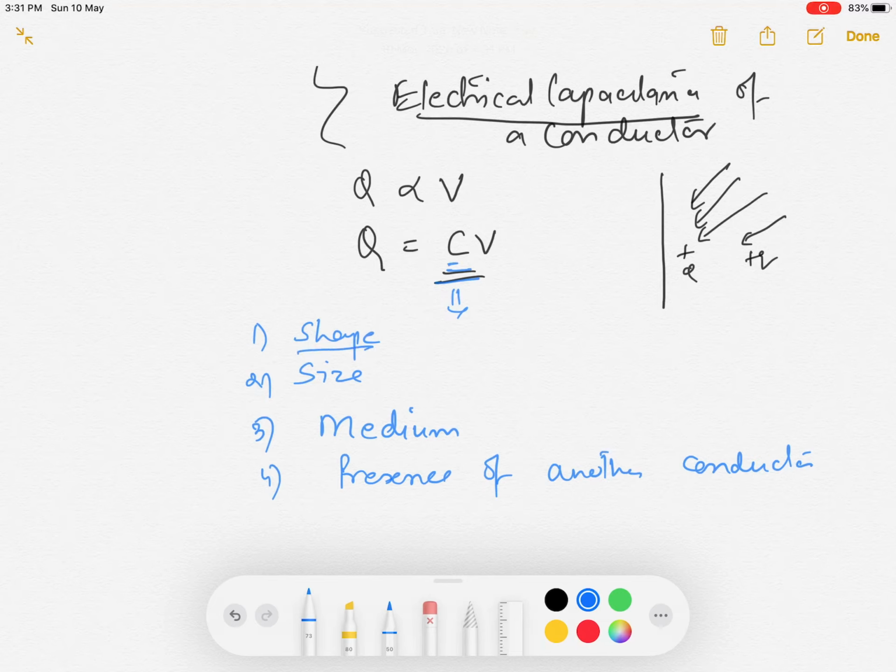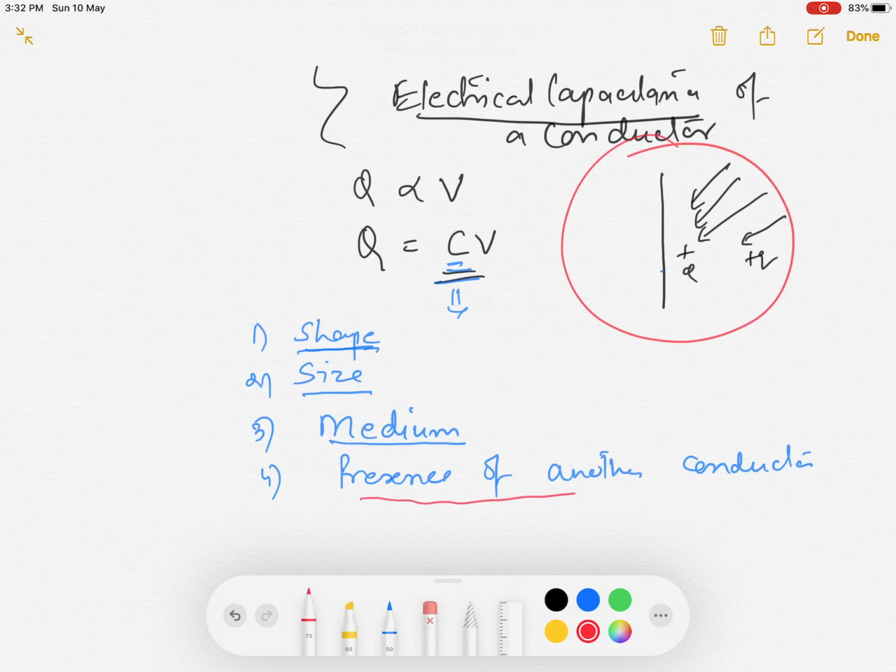It does not depend upon the nature of the conductor, that is, which type of material it is made of. It depends upon shape, size, the medium surrounding the conductor, and the presence of another conductor.